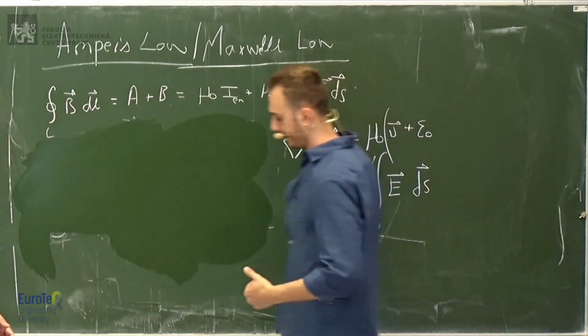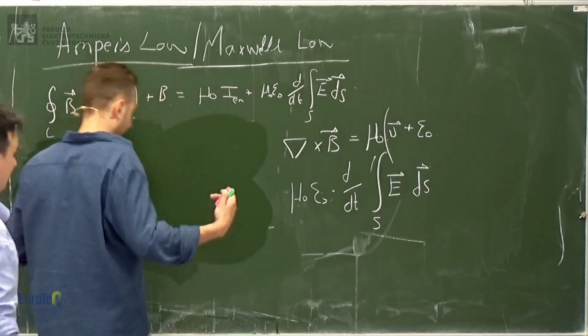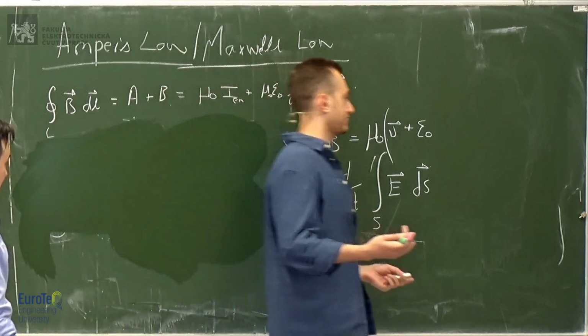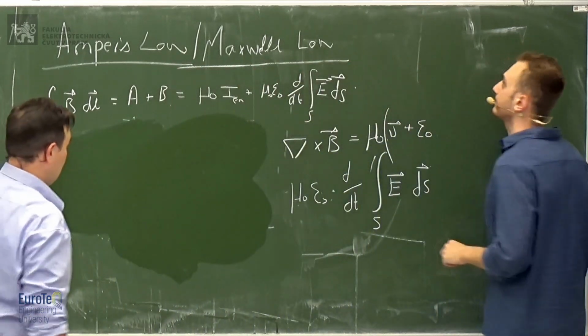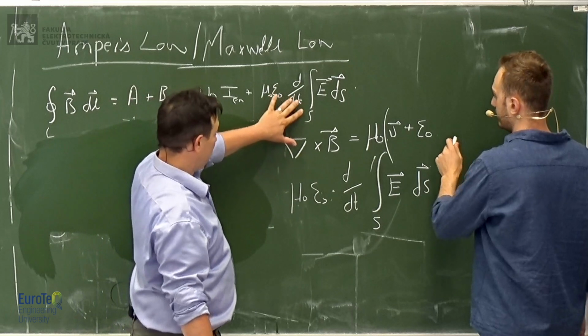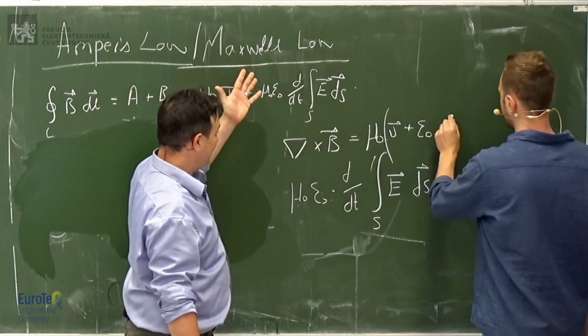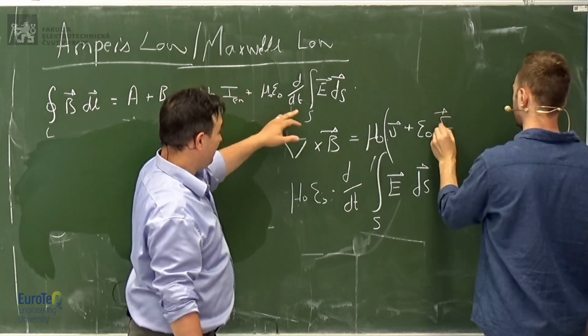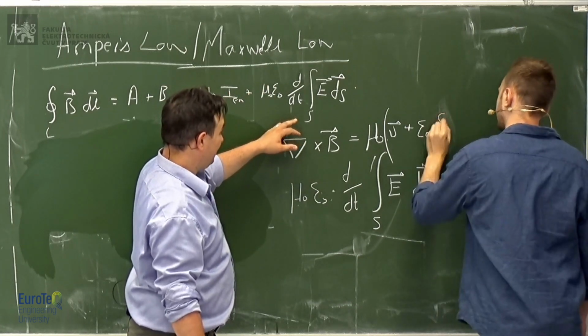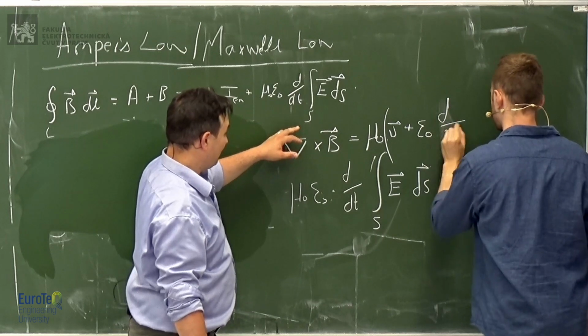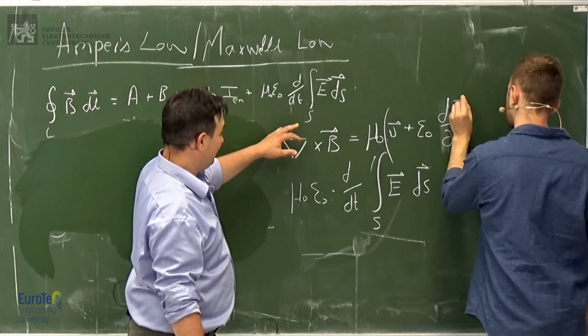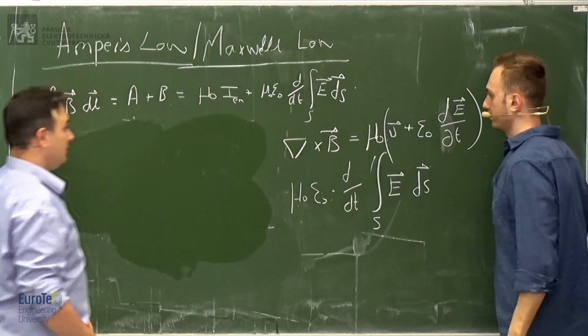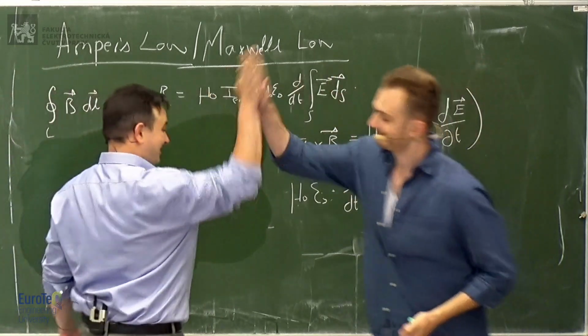Plus epsilon naught, and now because we're dealing with a point and not an area, we're just going to remove the integral, and it's the electric field. It's still changing with respect to time. Cool.